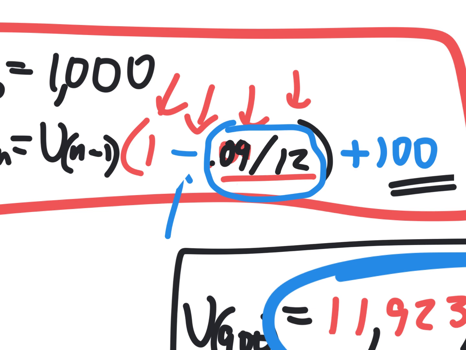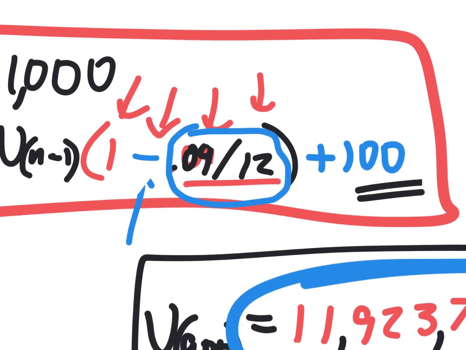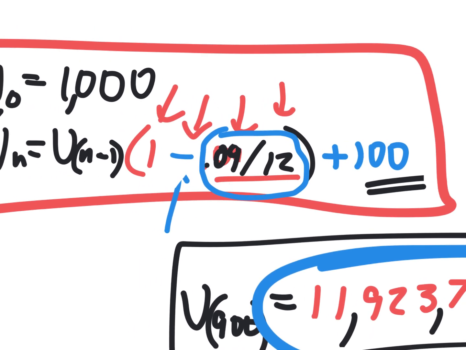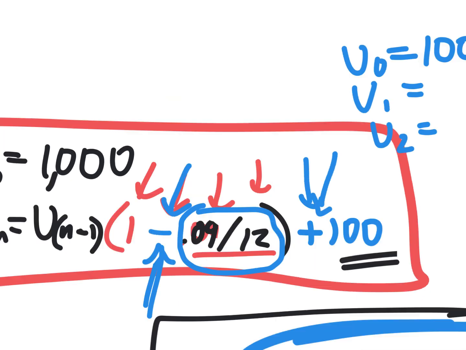And now with a loan payment, you want your loan to get paid off. So when you do a loan payment, this payment right here, all right, I'm pausing for a second.